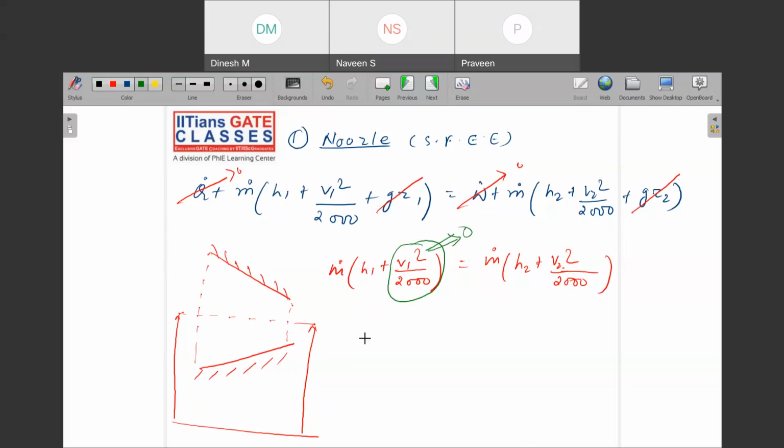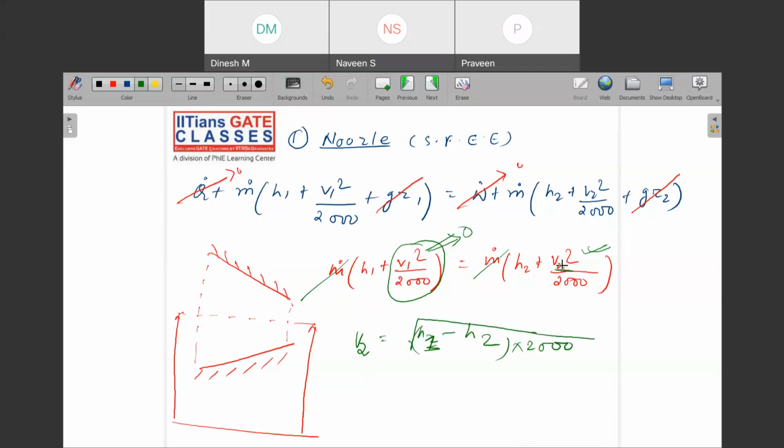So can I see now that this m dot and m dot will also get cancelled out? Then my V2 value, meaning velocity at the outlet, what will be this value? Can I see that this is h1 minus h2, V2 I am trying to find out, square root of, into what, 2000.